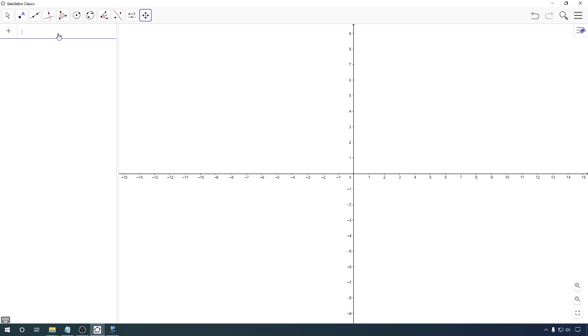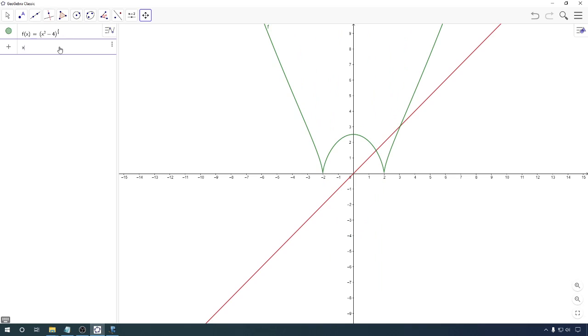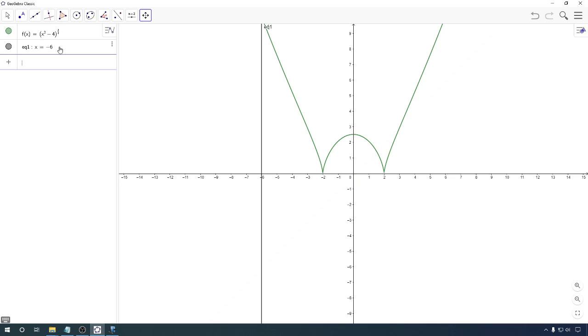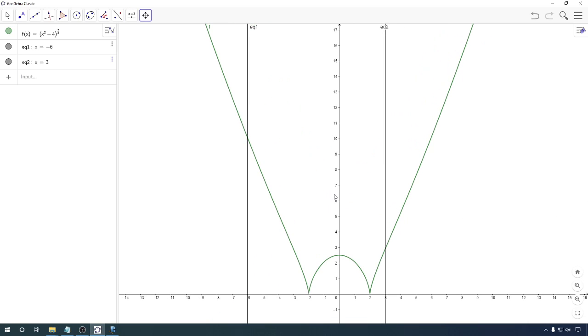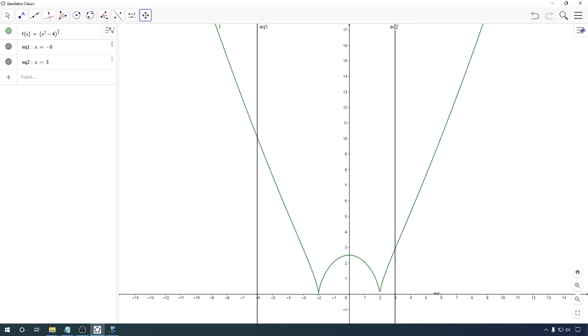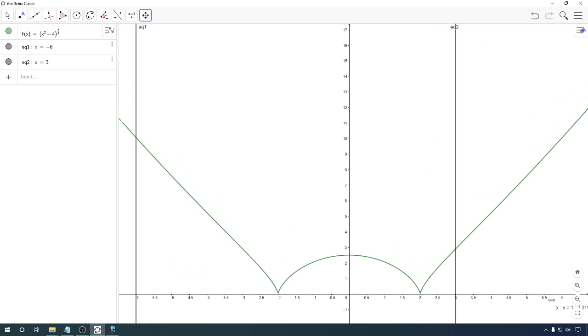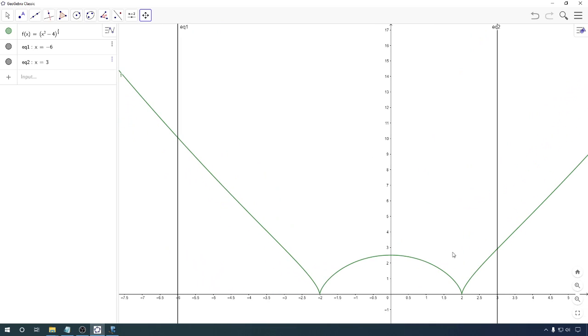Once again, let's actually look at a graph of this function. Remember that our function was x squared minus 4 to the 2/3 power. We have this function here. And we're specifically looking at between x equals negative 6 and x equals 3. Here we go.